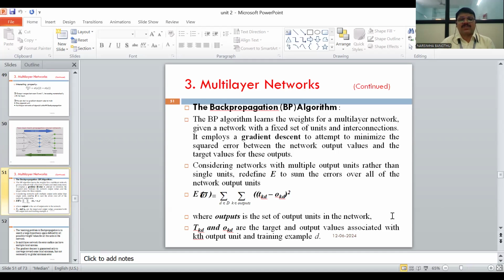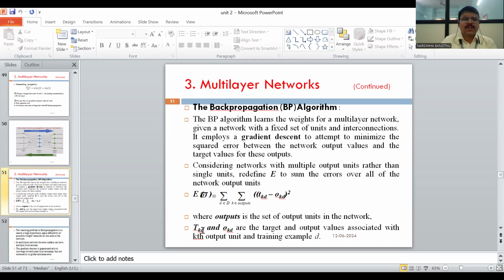Given a network with a fixed set of units and interconnections, it employs gradient descent to attempt to minimize the squared error between the network output values and the target values for these outputs. Considering networks with multiple output units rather than a single unit, we define capital E to sum the errors over all of the network output units, where outputs is the set of output units in the network.